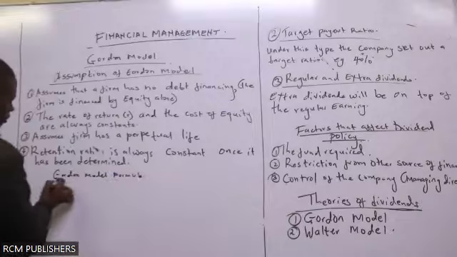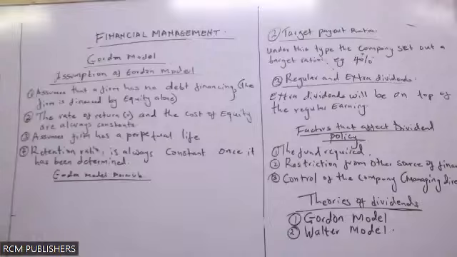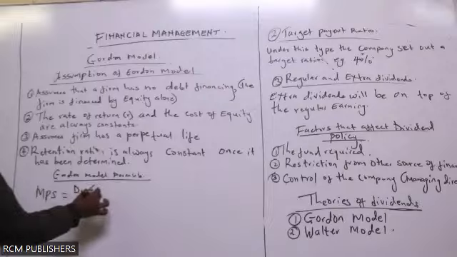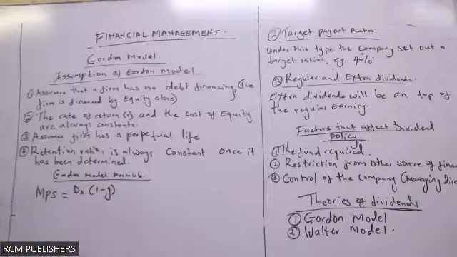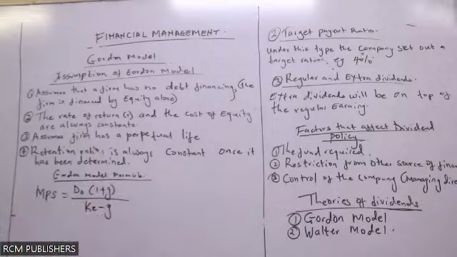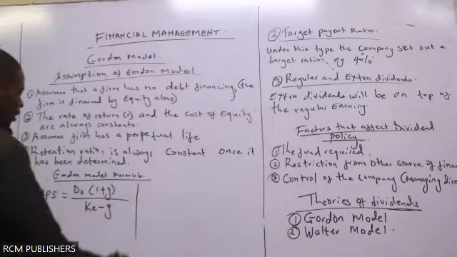MPS, market price per share, which is P0, is equal to D0 (1 + g) divided by (Ke minus g). These are important formulas.